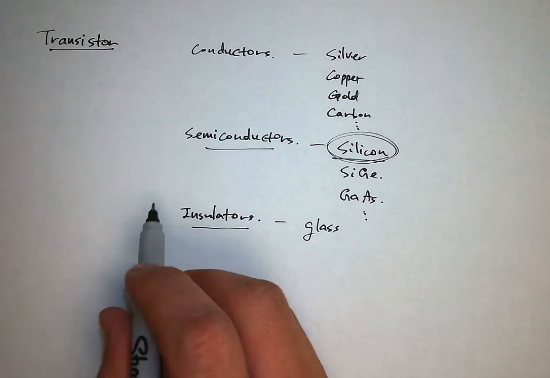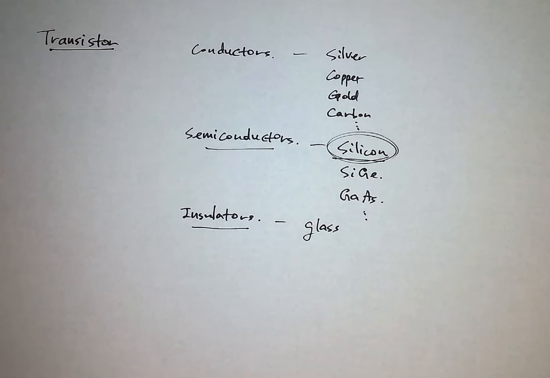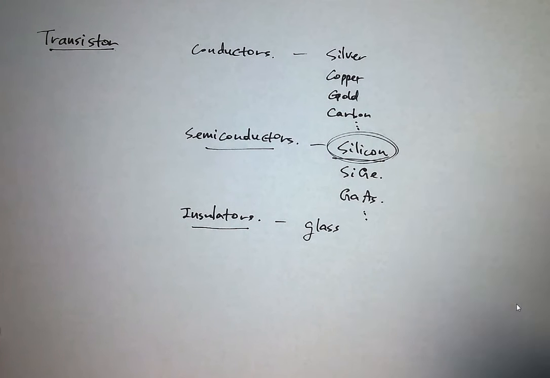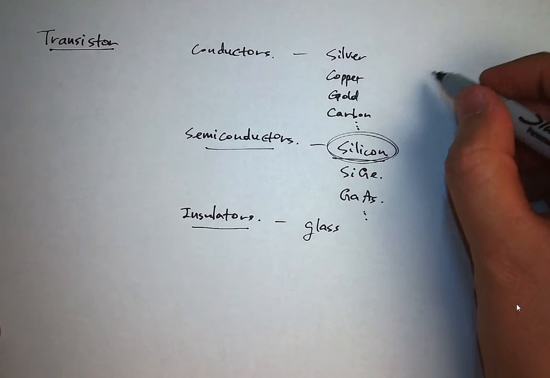In all the components we looked at so far, we looked at resistors, which combine conductors and insulators.